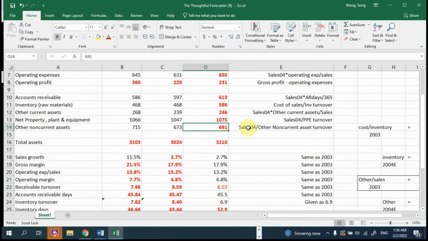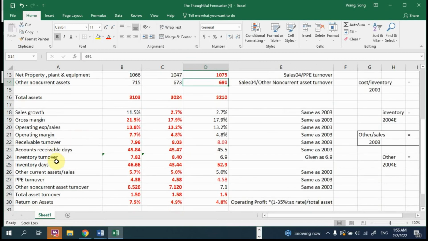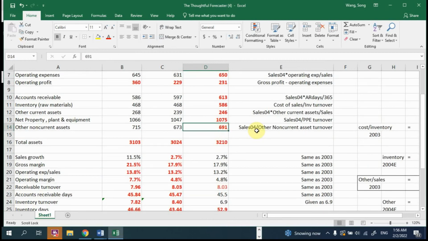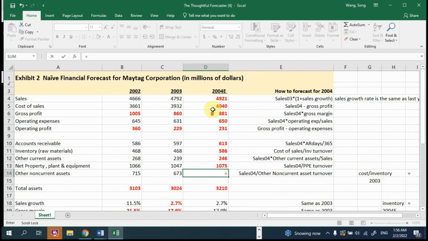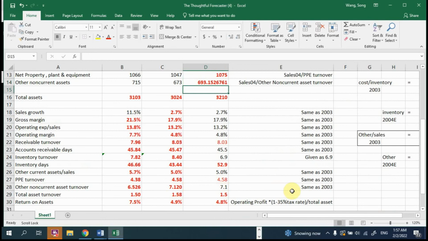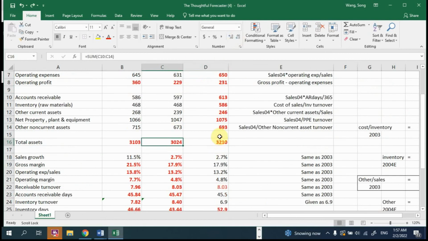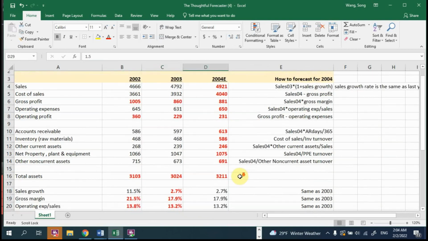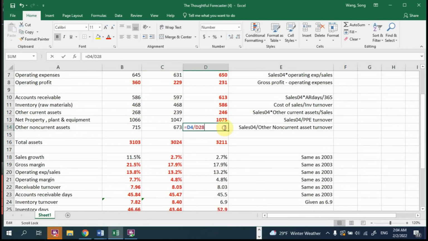For other non-current assets, this item is embedded in the turnover ratio, and it is the denominator of the ratio. The numerator is the sales, and that's 7.1. When we do this pro forma analysis, we're going to use the sales divided by the same ratio, 7.1, which is close. Something is off here.